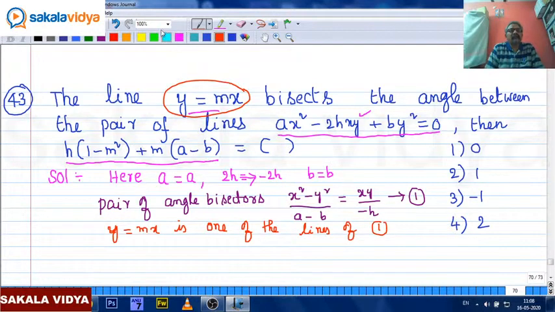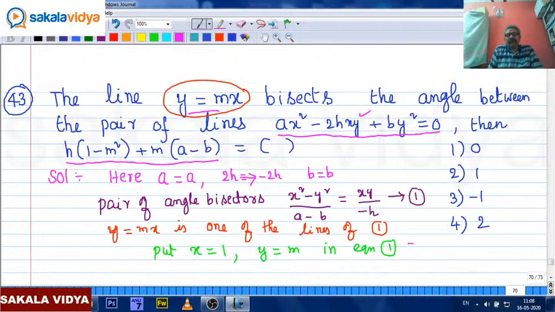That means now put x is equal to 1 and y is equal to m in equation 1. Then we get (1 minus m square) by (a minus b) equal to m by minus h.